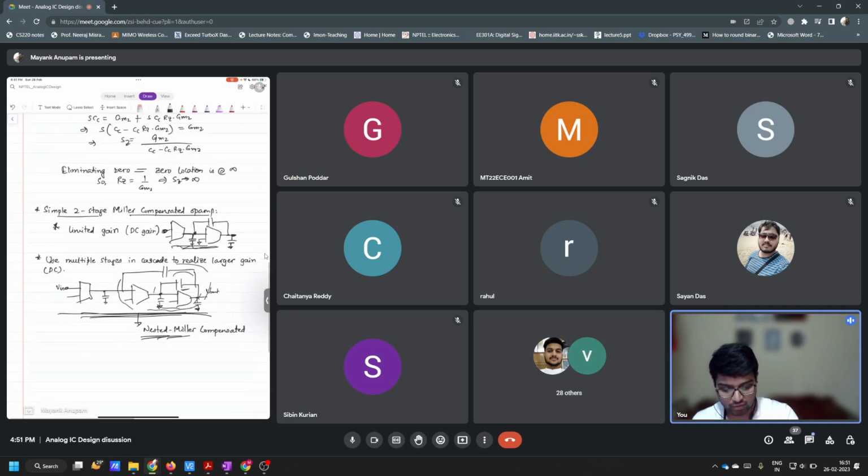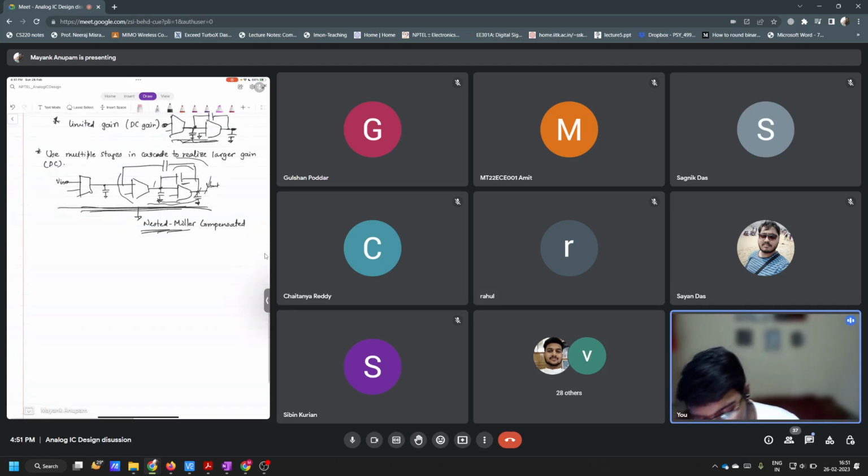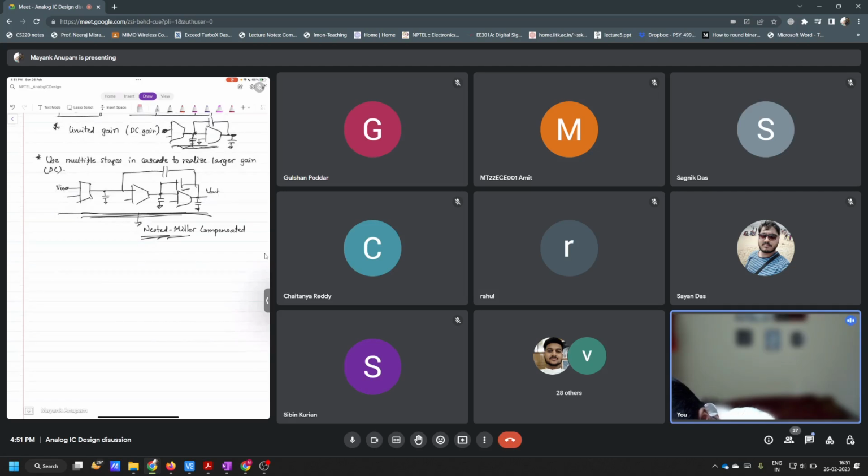Fine. And what about the design constraint when we do this nested Miller compensation? What was the intuition given to you? How do we decide upon the pole location and UGB of the individual transconductors here? Let's say this is GM1, this is GM2, and this is GM3.